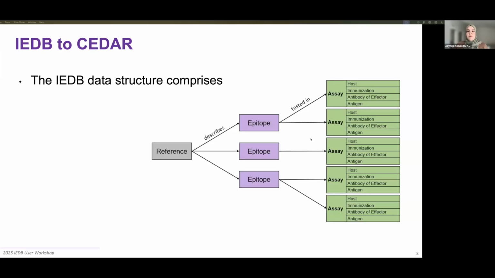In these assays, we describe the specific hosts, the antigens, the effector cells, and so on. I won't go into more detail here, but what I do want to highlight is that CEDAR uses this same underlying data structure. We kept the core structure, but then we customized it and added additional elements specific for cancer.